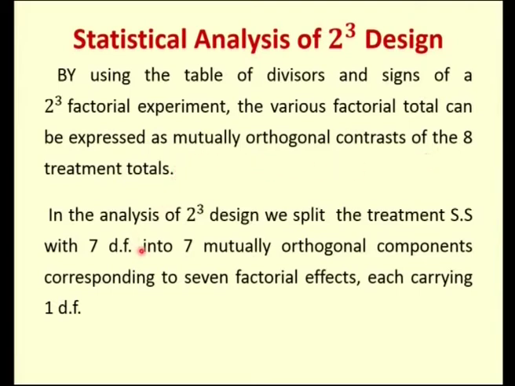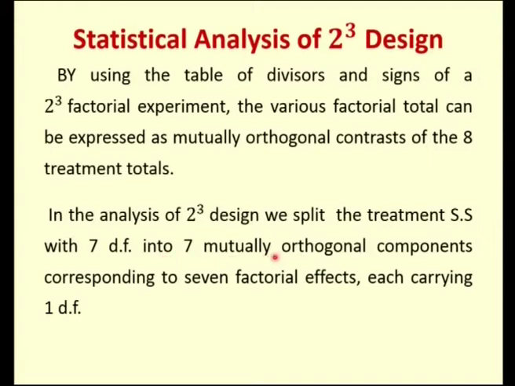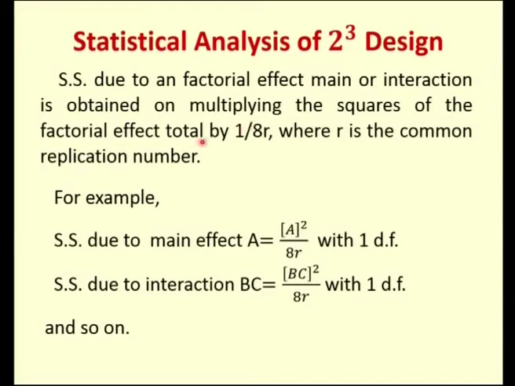So, in the analysis of the 2 power 3 design, we split the treatment sum of squares into 7 mutually orthogonal components corresponding to the 7 factorial effects, each carrying 1 degree of freedom. And the sum of squares due to a factorial effect, that is main effect or interaction, is obtained by multiplying the square of the factorial effect total by 1 by 8r, where r is the common replication number.